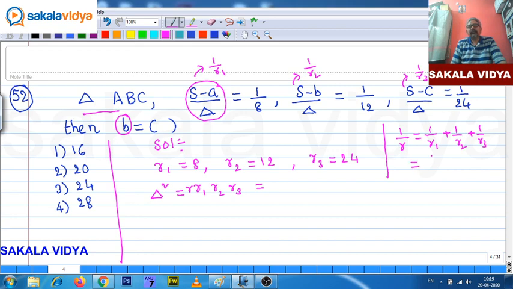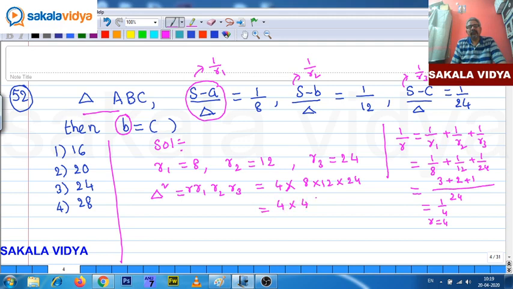So 1 by 8 plus 1 by 12 plus 1 by 24. 24 is the LCM. 8 3s are 24, 12 2s are 24, so 3 plus 2 plus 1 is 6 by 24, that is 1 by 4. The r value will be 4. So here 4 into 8 into 12 into 24. This we can write as 4 into 24 into 24.